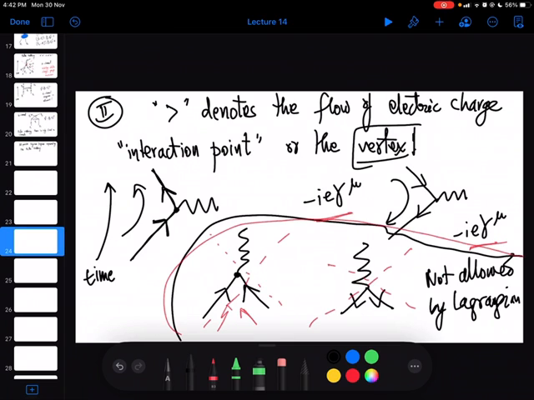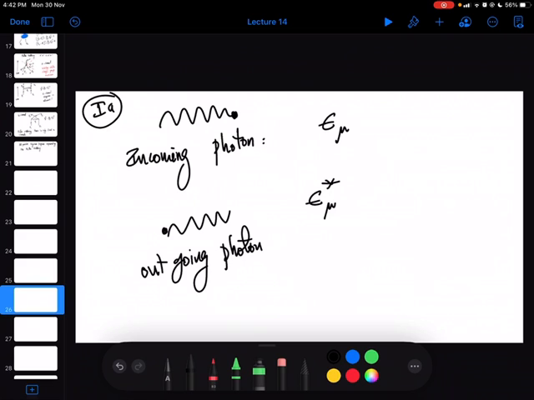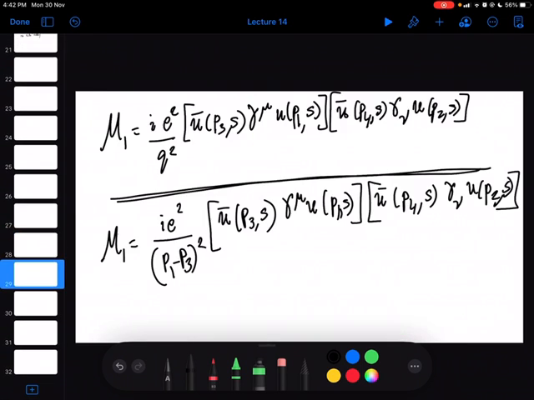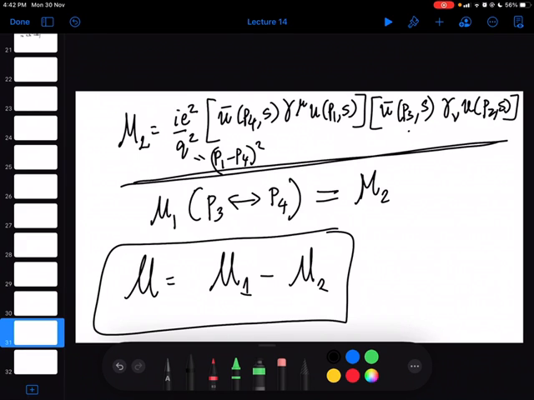The possibility of these diagrams is also determined by the vertex lines. The vertex lines always conserve the electric charge, so they conserve the U1 symmetry. If you follow this, you know all the possible correct diagrams, and for each of these diagrams, just follow these rules and you get back your amplitudes.